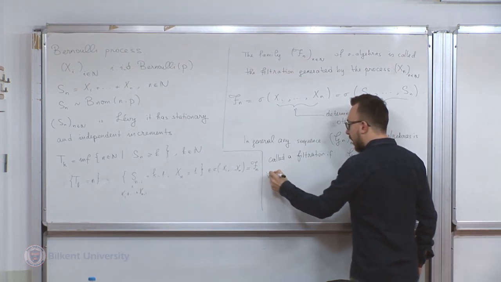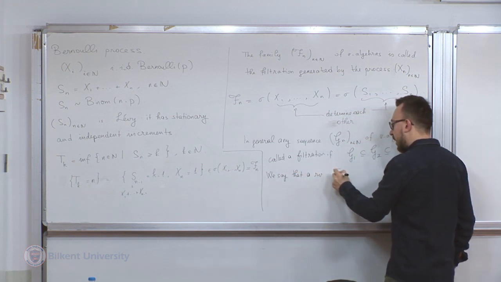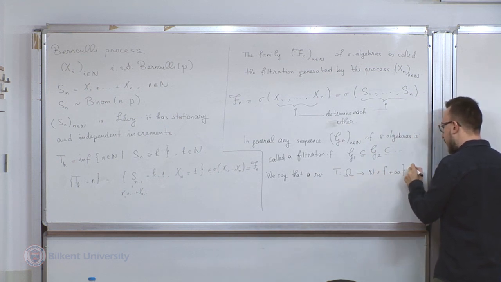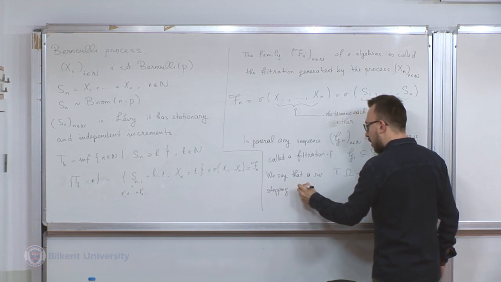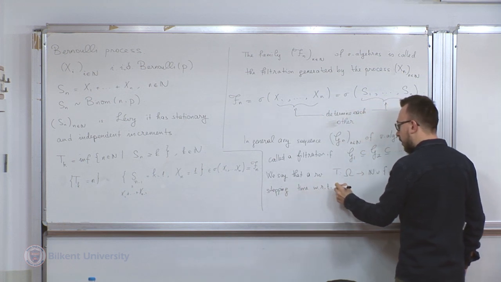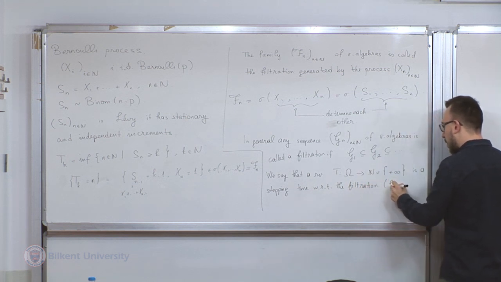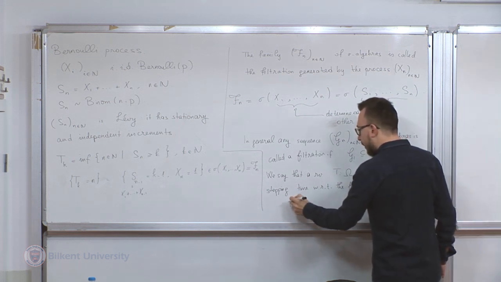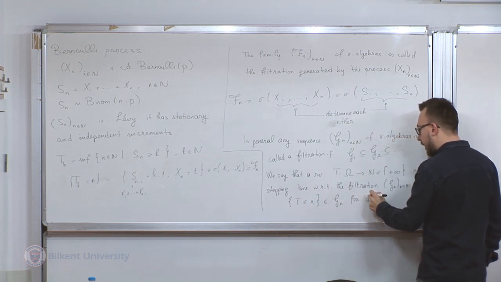So we say that a random variable T from omega to the natural numbers, possibly plus infinity, is a stopping time with respect to the filtration G if T less than or equal to n is Gn measurable for all n.